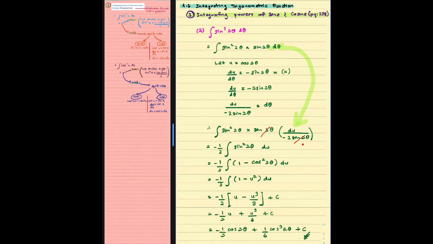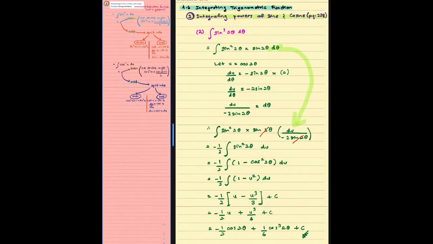Substitute, and then simplify the common factor, and we get sine squared 2 theta du over negative 2. Negative 1 over 2 is a constant, so take out negative 1 over 2. So now we have the integral of sine squared 2 theta, which is even here. When it is even, we use the identities formula.